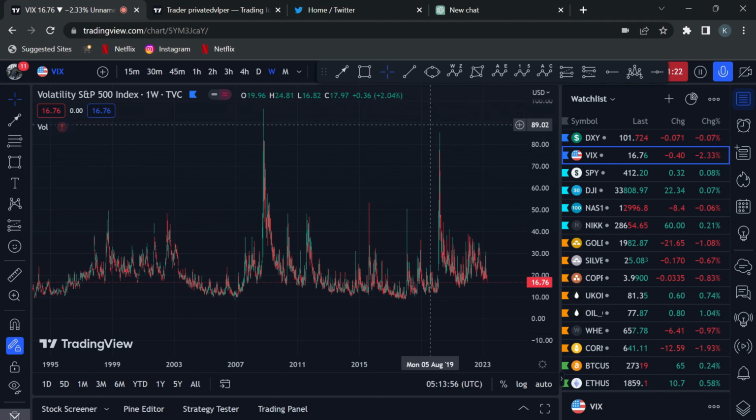You can see it's the volatility index S&P 500 index. This is because the volatility index, or the VIX, uses option prices from the S&P 500 companies.